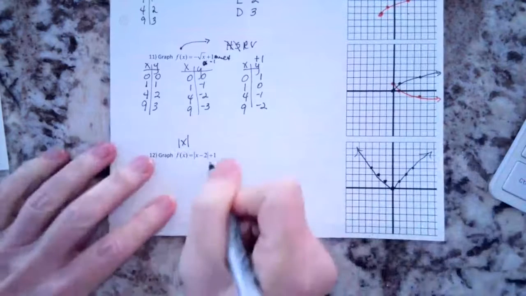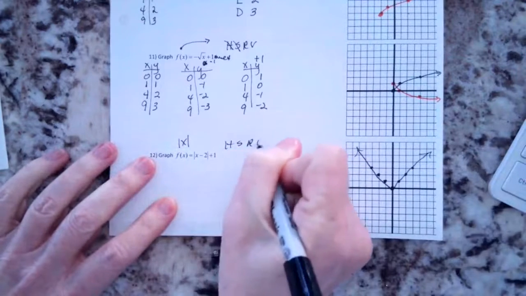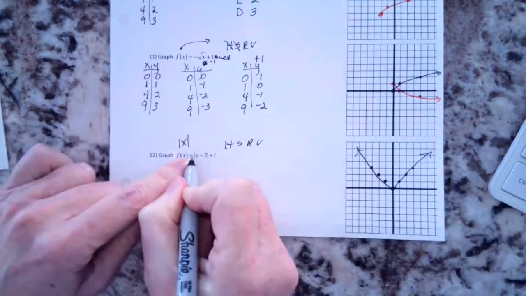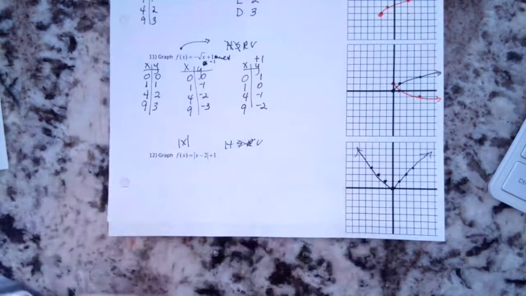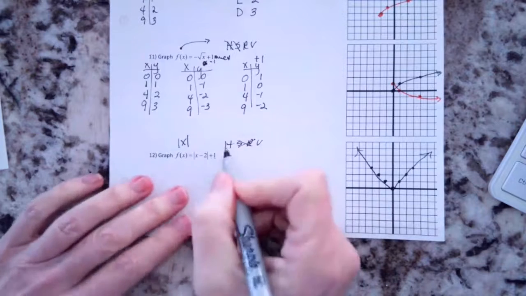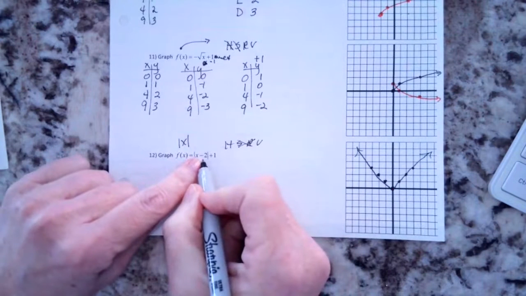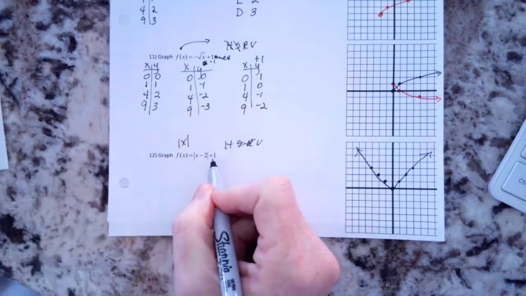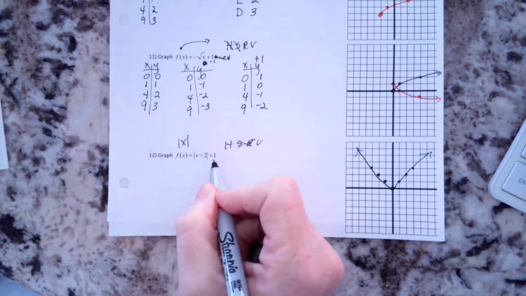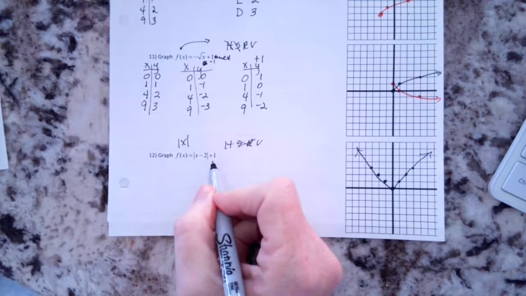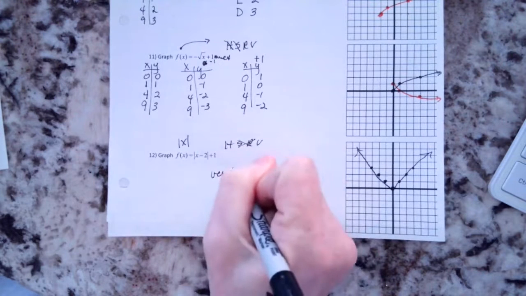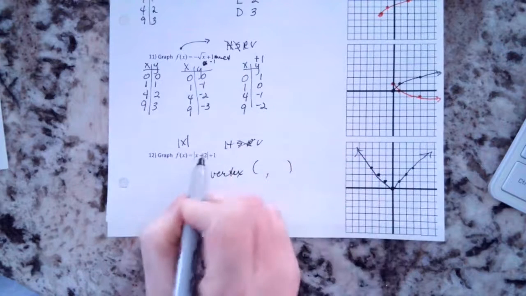Let's see what we're going to do to him. In this function, we don't have a number or a sign in front of the x function, so we don't have to worry about stretching and reflecting. So all we do have to worry about is the horizontal change, the horizontal shift, and the vertical translation, the vertical shift, the vertical change. So this is an easy one, just go to the vertex point.